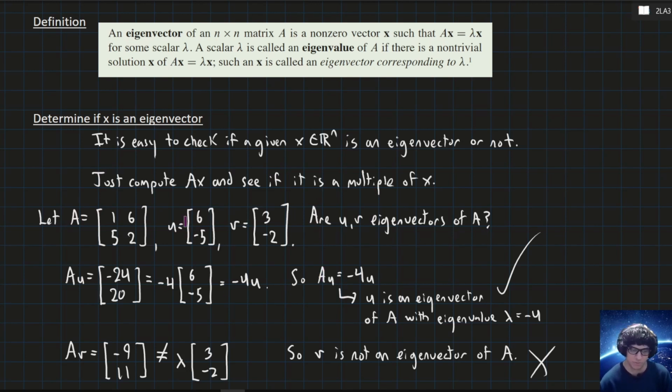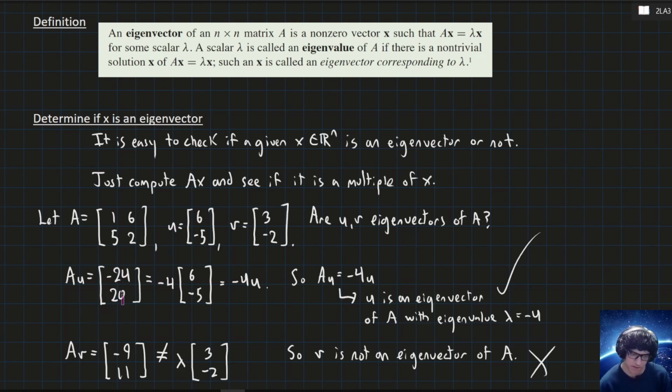There's a procedure. You multiply A times u. I look at A times u and compare it to u and ask, is there a number I can multiply u by which will give me A times u?